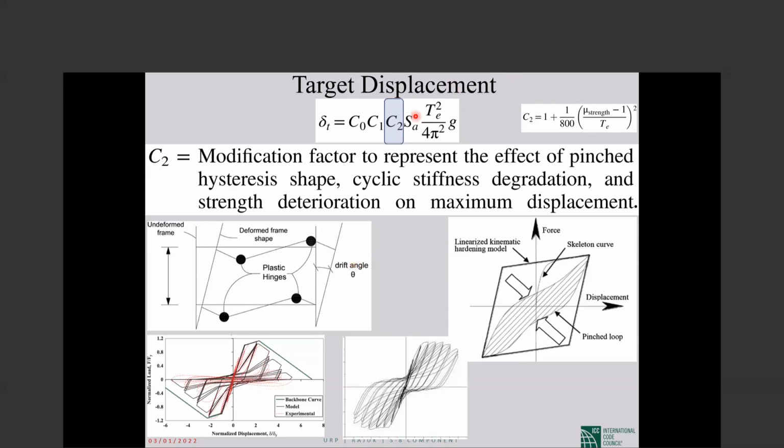And interestingly enough, it depends on the period. See, it depends on the period too. Buildings that have a smaller period, their C2 is more than the buildings that have a larger period.